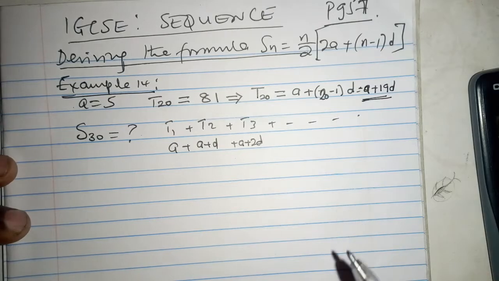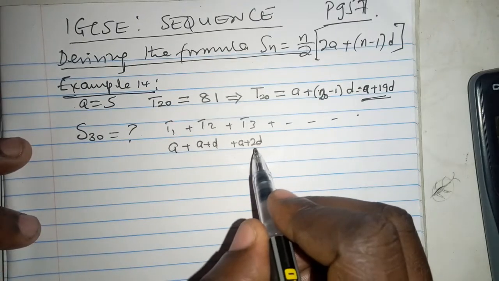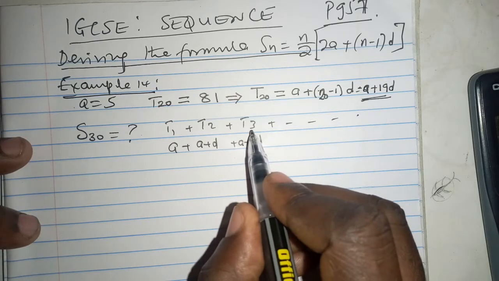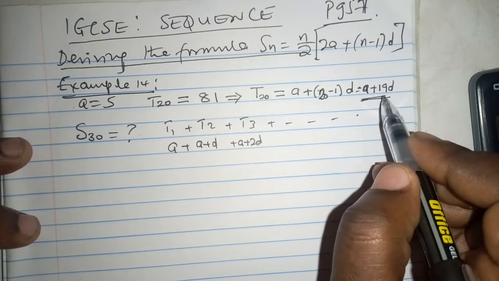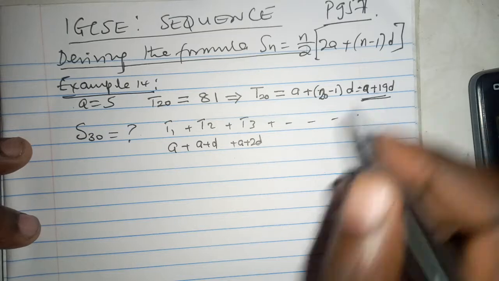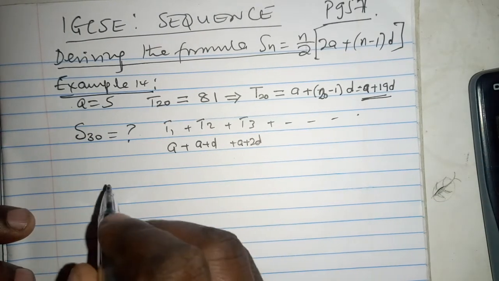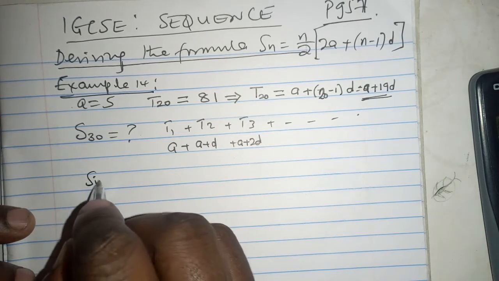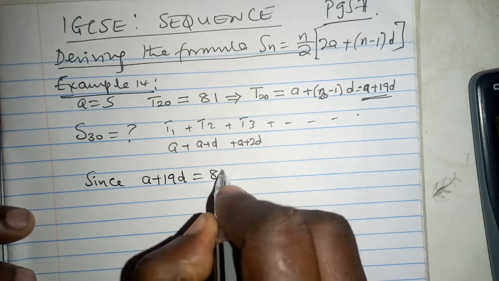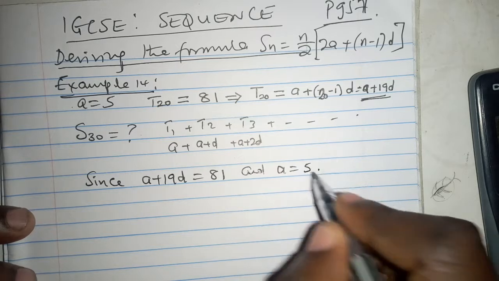For each and every term in an arithmetic series, the number of d's is 1 less than the position of the term. So the number of d's in the 20th term is 19d. We know the value of the 20th term, so a plus 19d equals 81, and a is equal to 5.